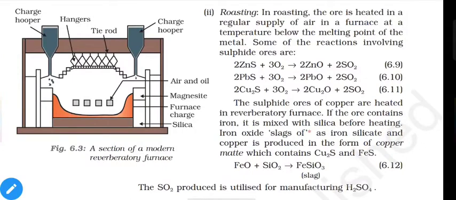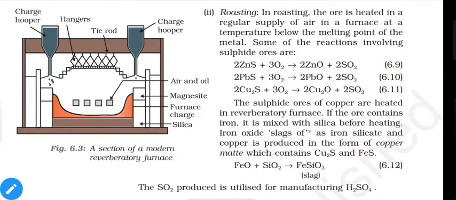To reduce the interaction of Fe, we can add silica into the mixture. Fe being more reactive will first participate in the reaction with silica, as we can see in reaction 6.12. FeO with SiO2 creates FeSiO3, which is known as iron slag.